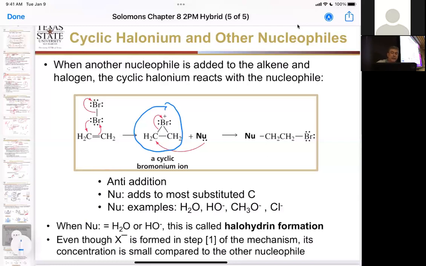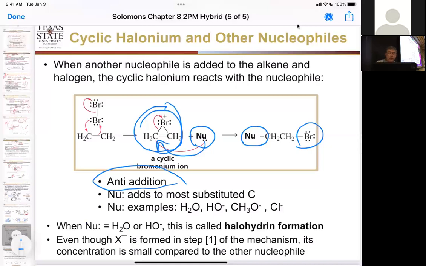It gives us anti-addition right here because we form this right here. And then we use something that has a lone pair or a negative charge as our nucleophile, and it'll attack one side, giving us our nucleophile on this side and our bromine on that. So if we attack with water or hydroxide, we'll get an alcohol. If we attack with an alkoxide or an alcohol, we're going to get an ether.